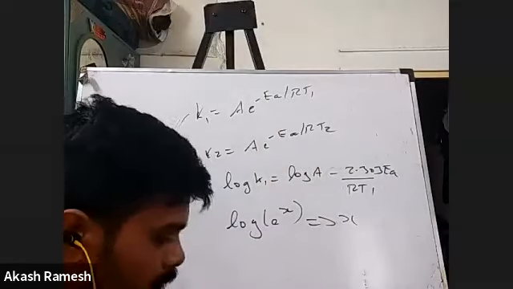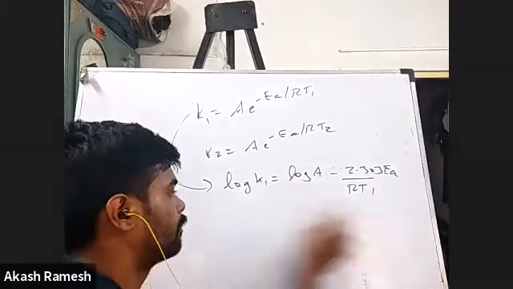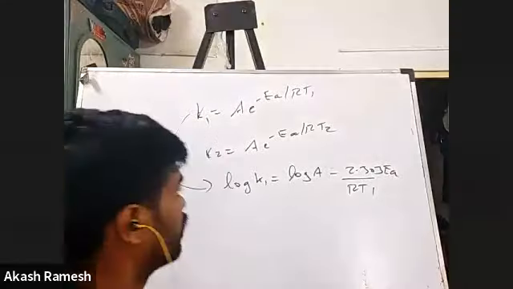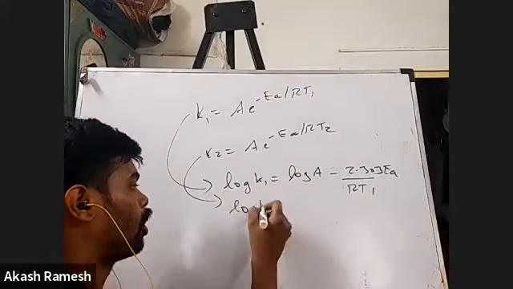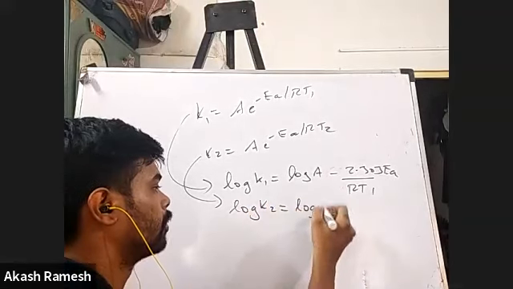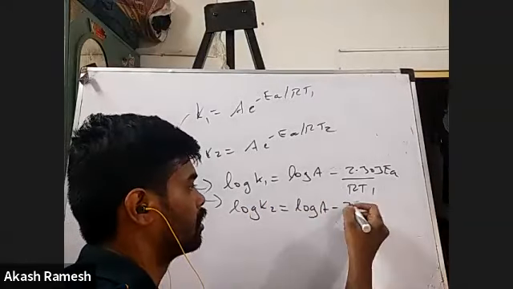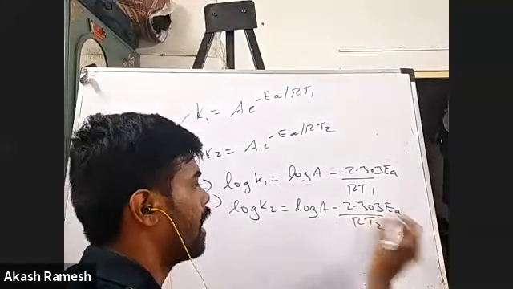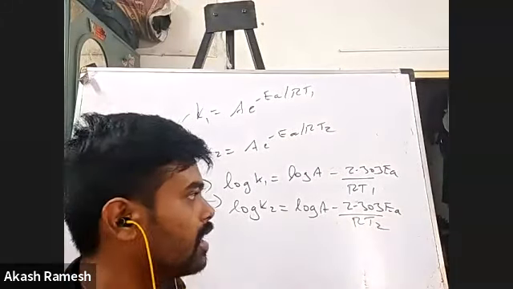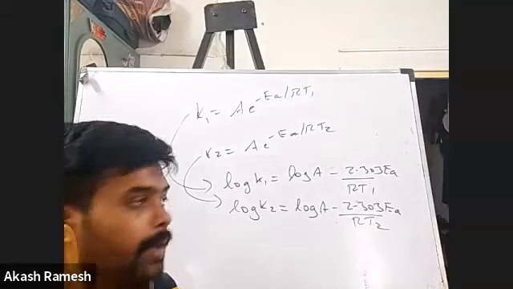Okay, right? So the same thing can be done for your second equation also. I have log of K2 equal to log A minus 2.303 Ea by RT2. Again, R is a constant, Ea is a constant, A is a constant. So only temperature and the K values are varying. Okay.